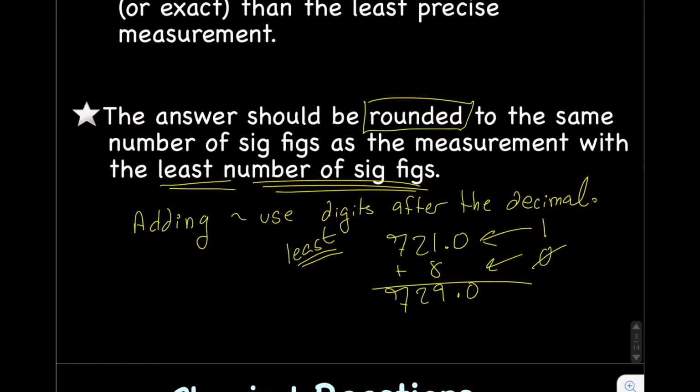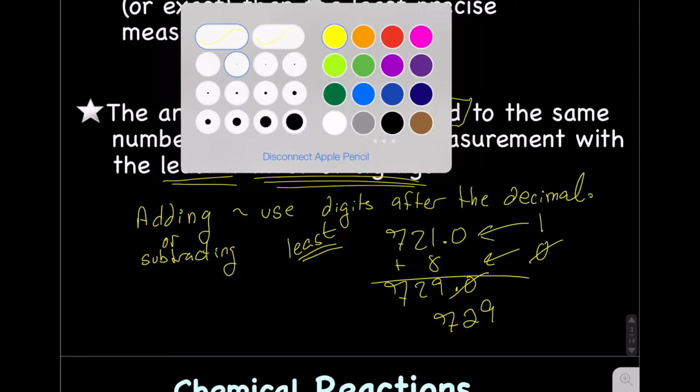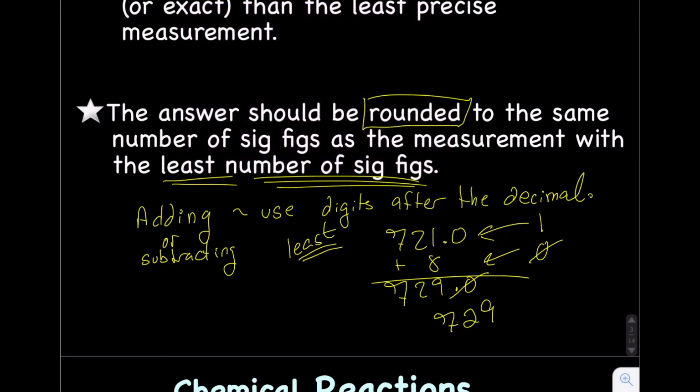So our answer needs to have no digits after the decimal. So we would get rid of that, and our final answer would be 729. And I should add, this is for adding or subtracting. So again, when we're adding or subtracting, use the least digits after the decimal.